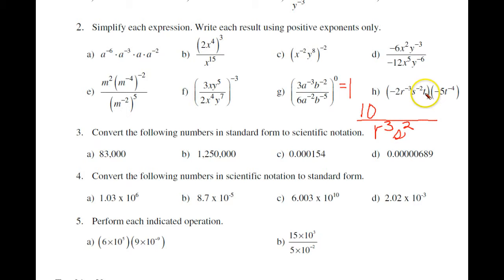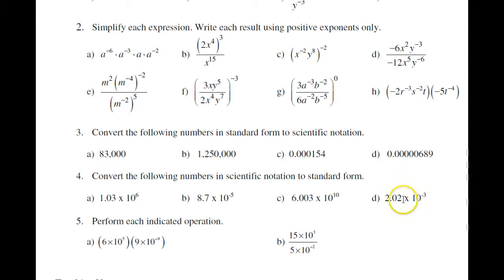Now it's t to the first times t to the negative 4. 1 minus 4 is a negative 3, so our t goes down as a 3. And that is the answer to letter H. Now, when you finish, of course, you could put the 10 in the middle.